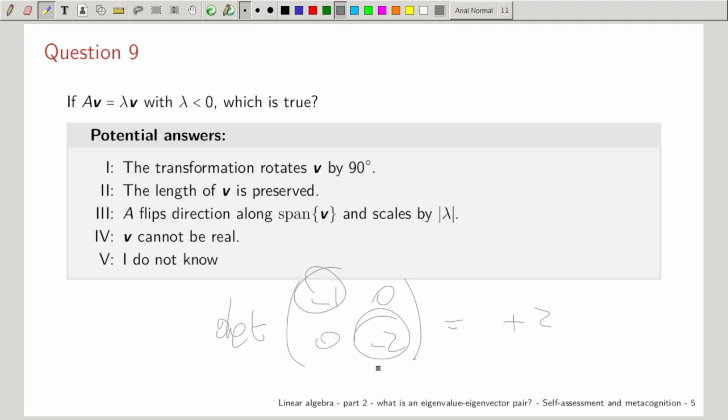Because there are two flips. The sign of the determinant: an even number of flips gives plus, an odd number of flips gives minus. How do we feel? Okay.